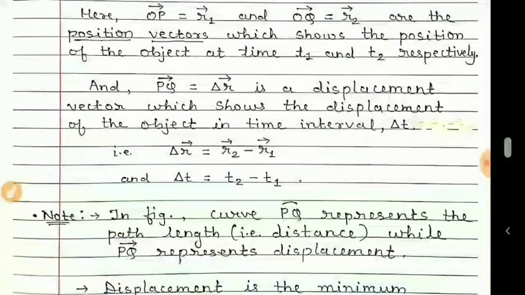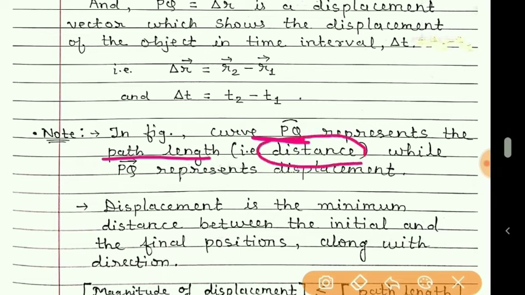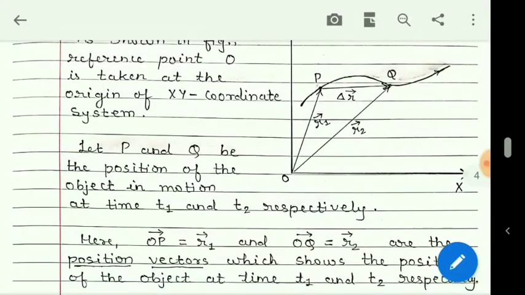So here I have written that this curved path PQ is a path length, or we simply say that it is the distance travelled by an object, while vector PQ represents displacement.